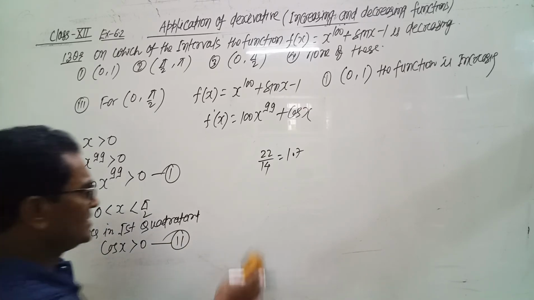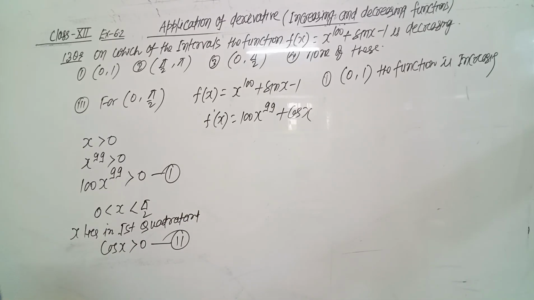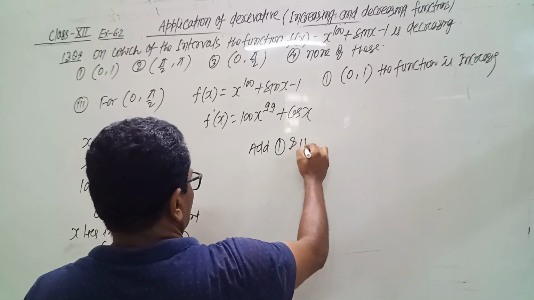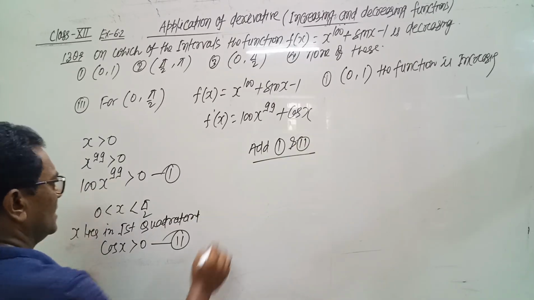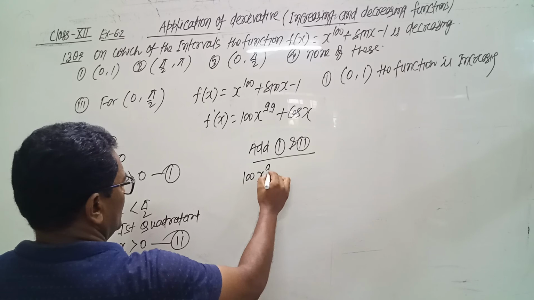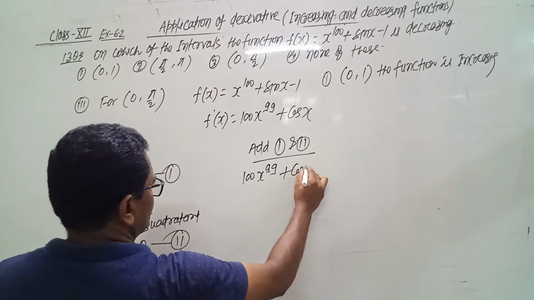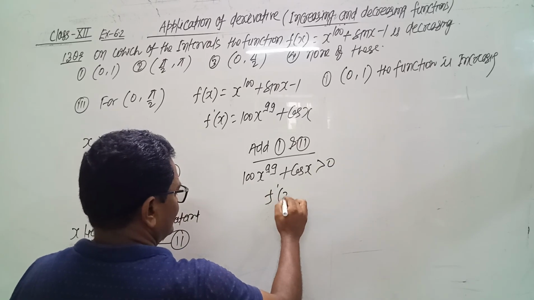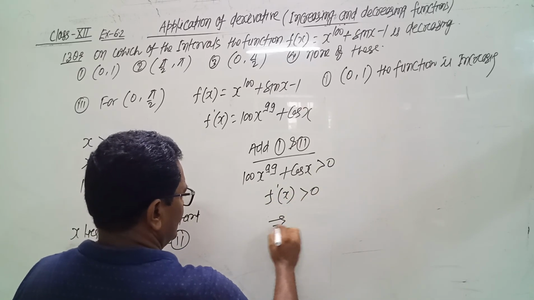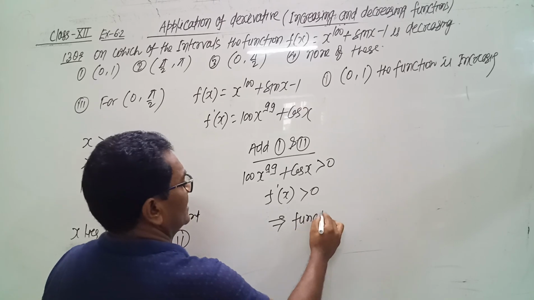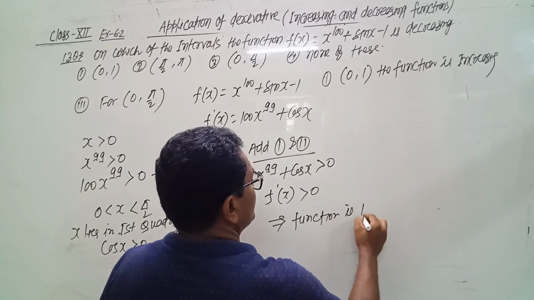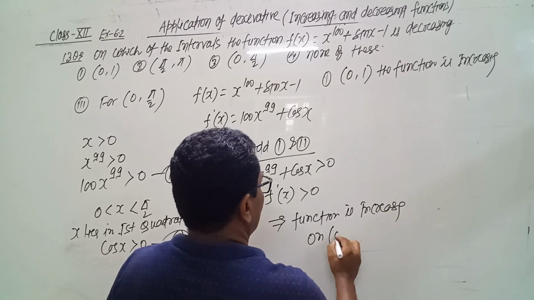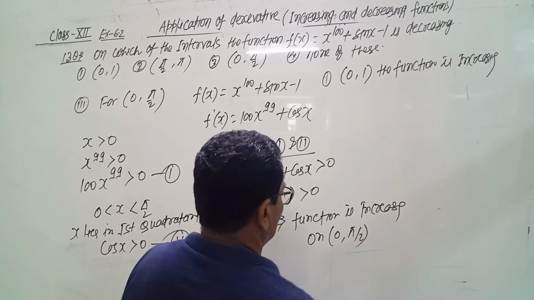Adding first and second, we get 100 into x raised to the power 99 plus cos x is greater than 0 plus 0, which means f dash x is greater than 0, and this implies the function is increasing on interval 0 to pi.